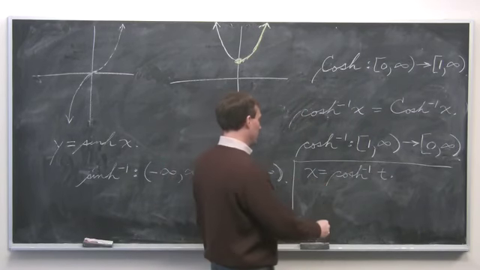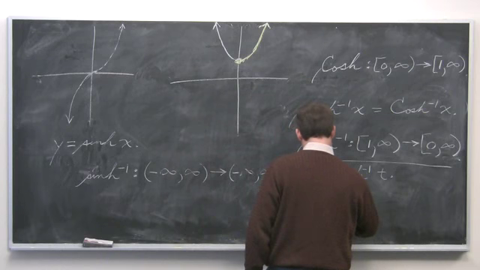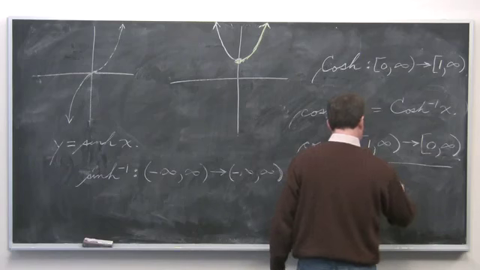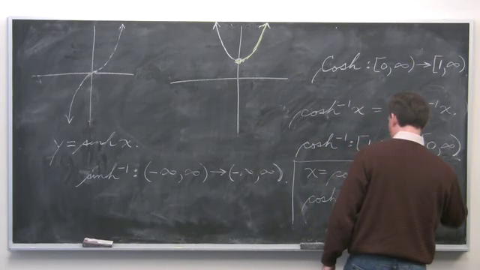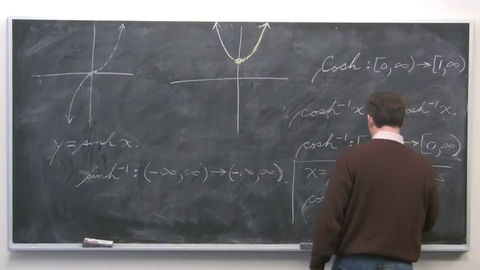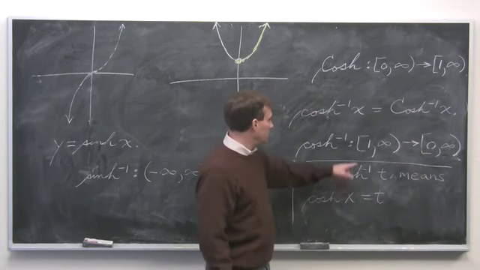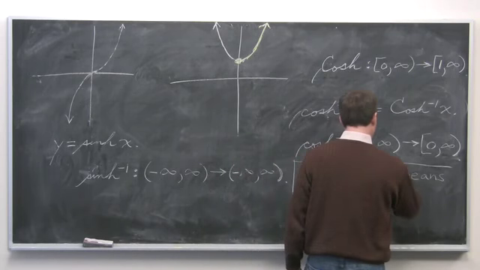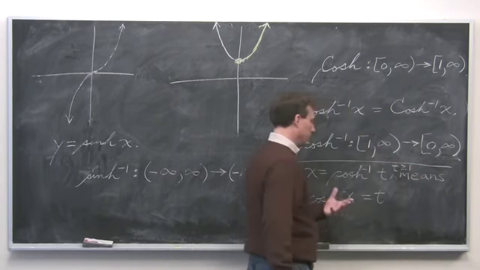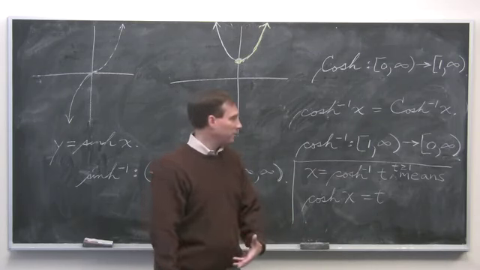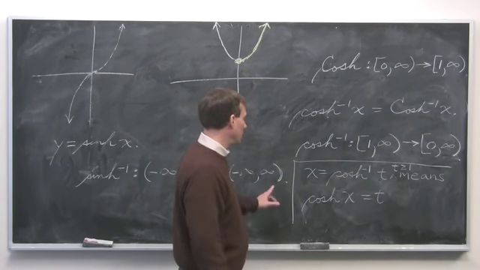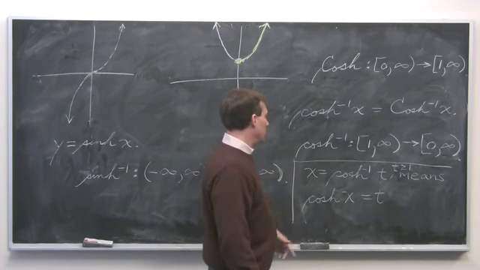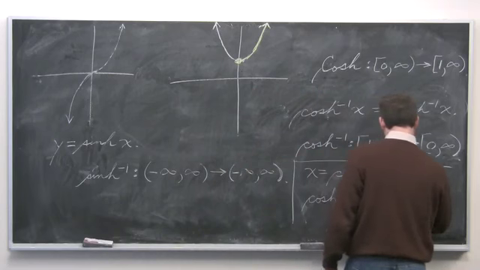Well, in particular, it certainly means that the hyperbolic cosine of x equals t, but it also means that t better have been greater than or equal to 1, so that better be included as part of your problem. But it also means that what you get back, this x, has to be greater than or equal to 0.